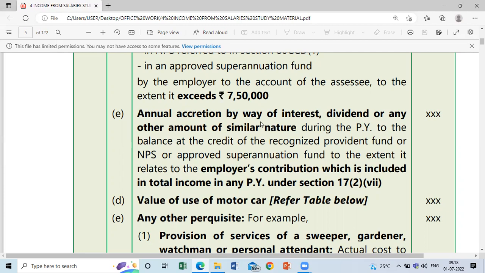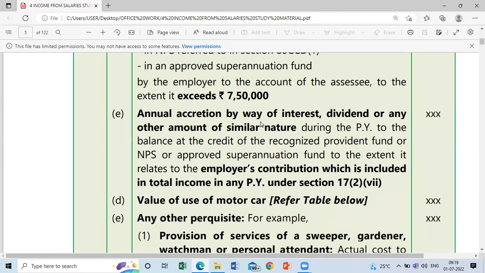दूसरा point परक्विजिट में ध्यान में रखो, any kind of gift up to rupees 5,000 is not taxable. 5,000 से ज्यादा गिफ्ट मिलेगा तो फुल्ली टैक्सेबल.